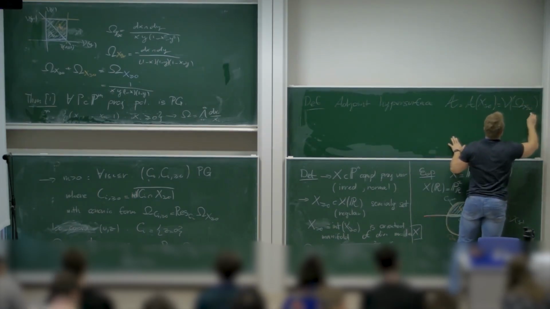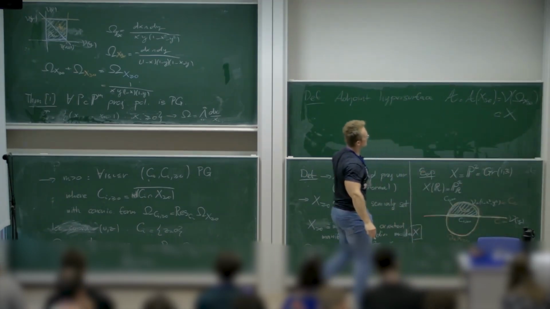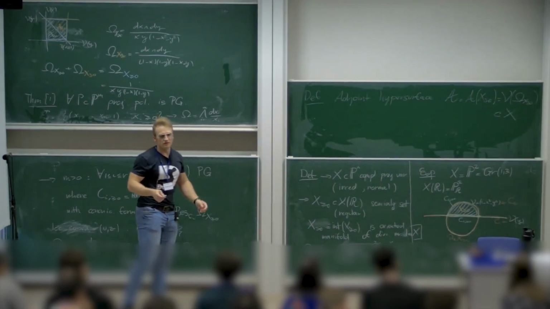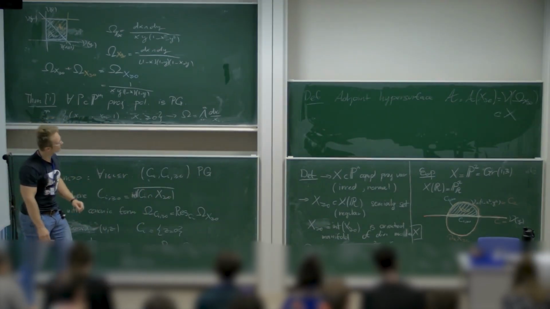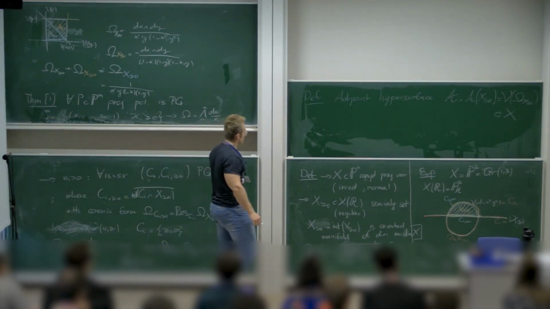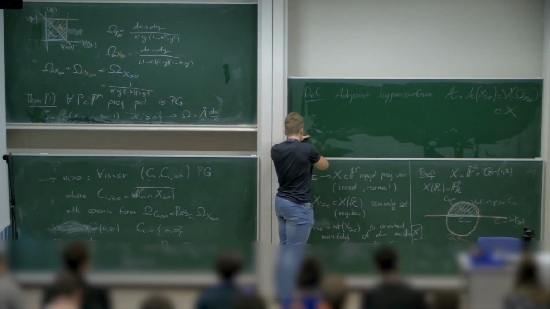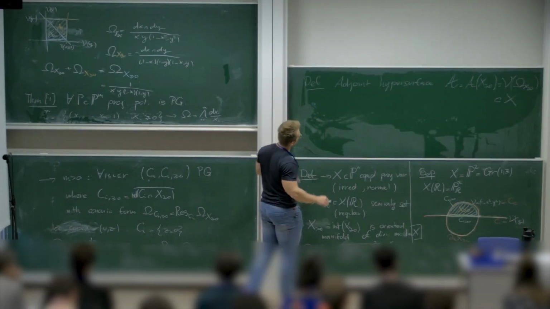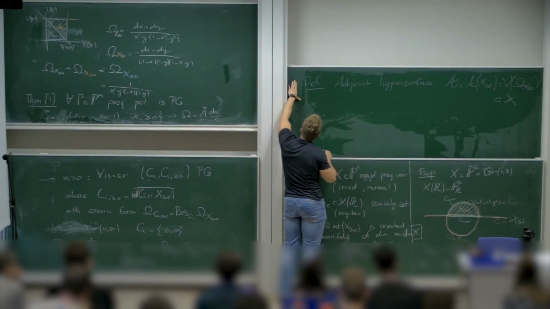And this is inside X, the complex variety. So the canonical form is a rational form. It has some vanishing locus. Because this form is rational, the vanishing locus defines an algebraic variety inside X.